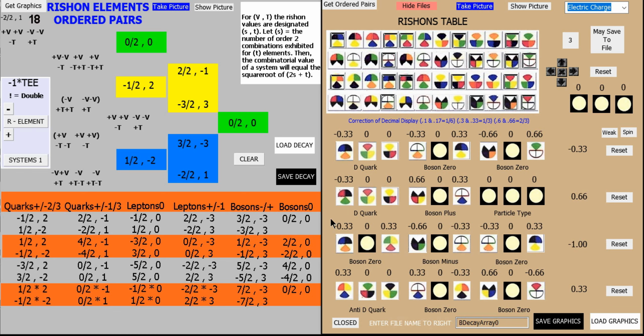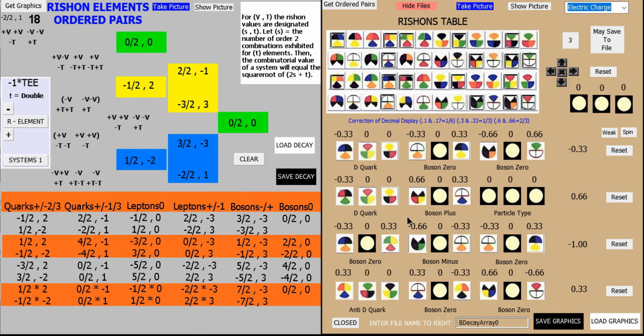Now we can look at the C quark, the product of the decay, and we'll see that we still have the -1/3 electric charge provided by the anti-T quark, though now the T quark is changed from orange purple featured to a green purple featured anti-T quark.